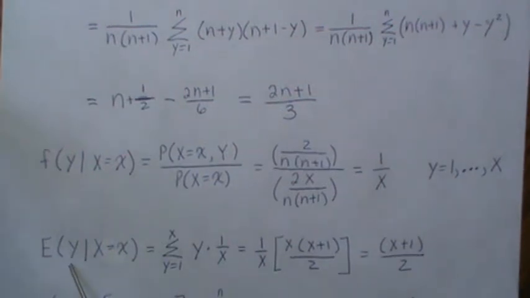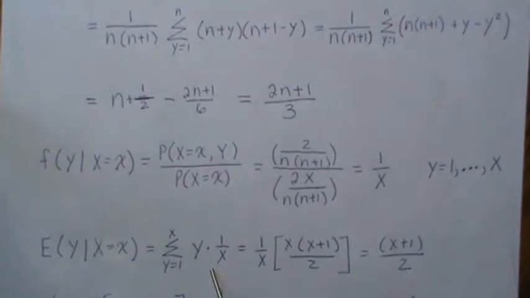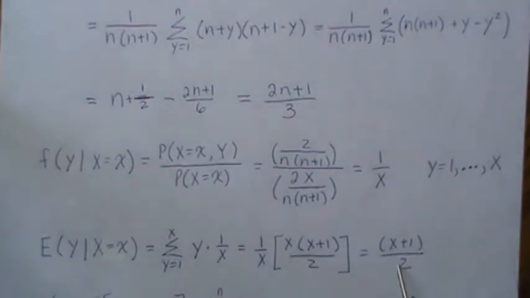So the expected value of y given x is we stick in a y with this PDF, and then sum over y. Well, the x comes out front, and then the sum from 1 to x is this. Simplifies, we get x plus 1 over 2. So that's the expected value of y given x.